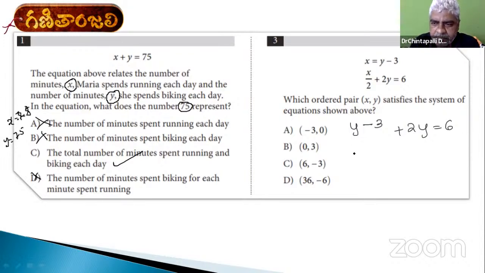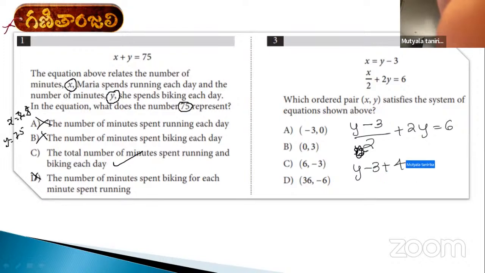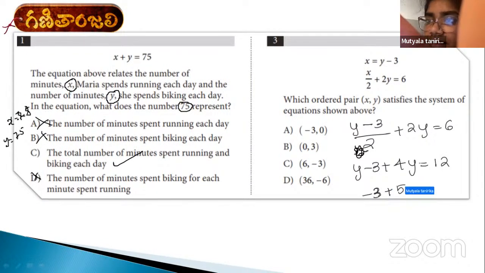Keep on doing. Y minus 3 plus 4y equals 12. Good. Plus 5y equals 15.